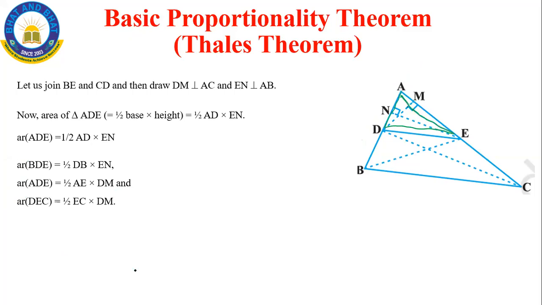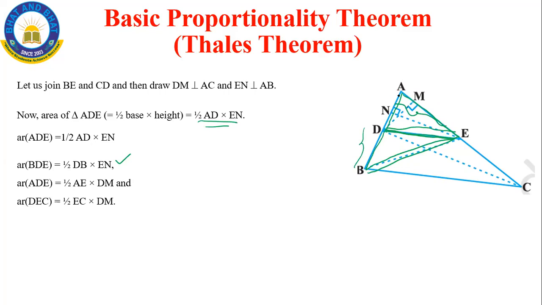We took one height, so for triangle ADE we considered EN and AD, and got half into AD into EN. Then we took triangle BDE, this part, and got half into DB into EN.